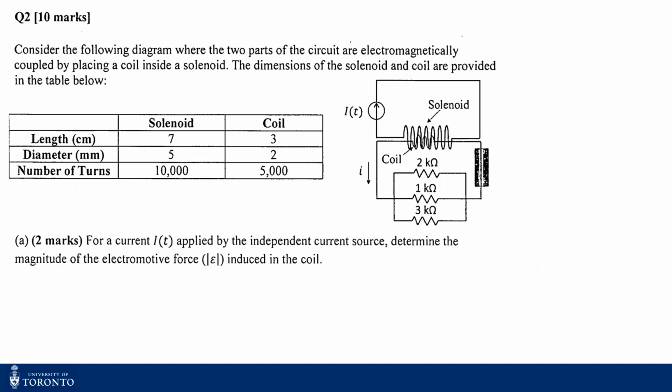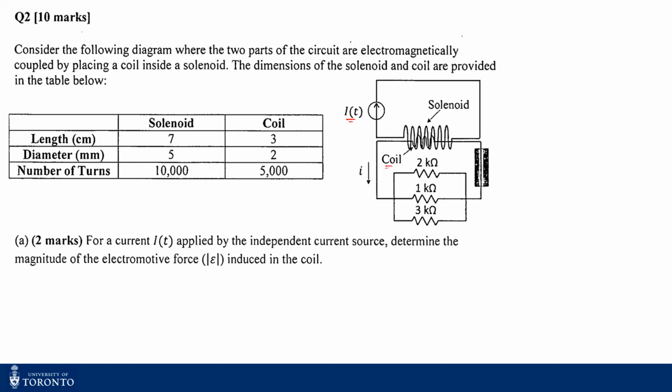Okay, in this case, we see that there is a current IT that is being supplied to this solenoid, which is a larger coil diameter. And inside that larger coil, another small coil is placed with a smaller diameter.